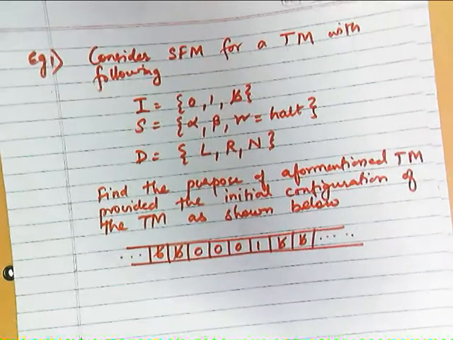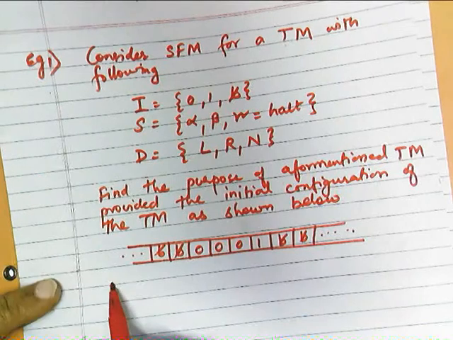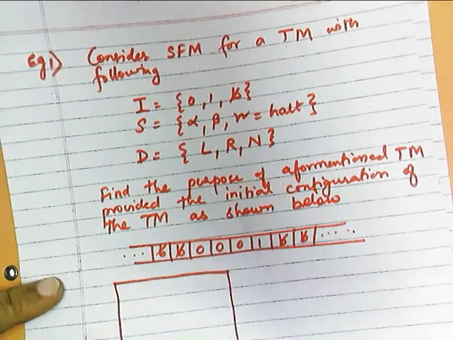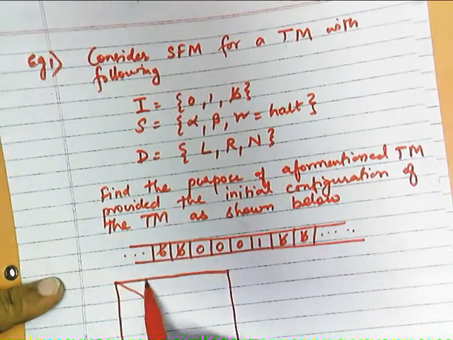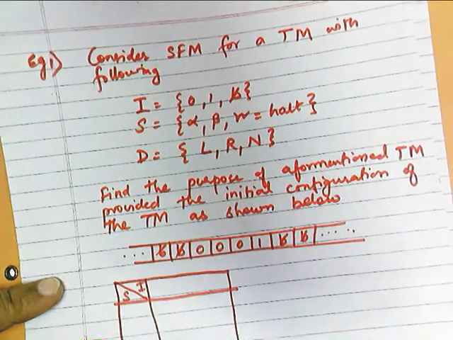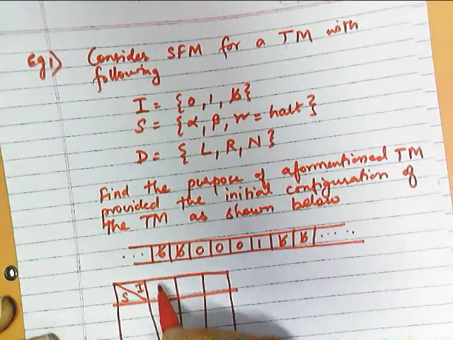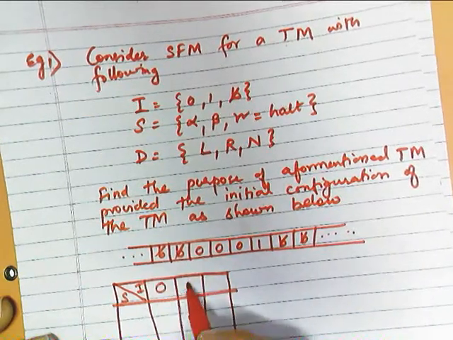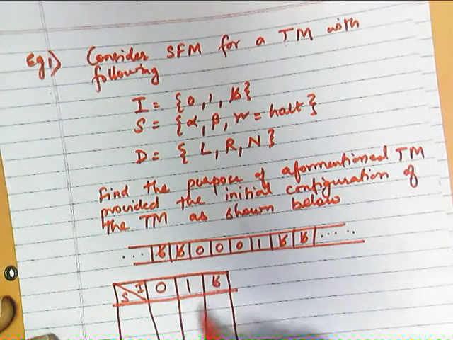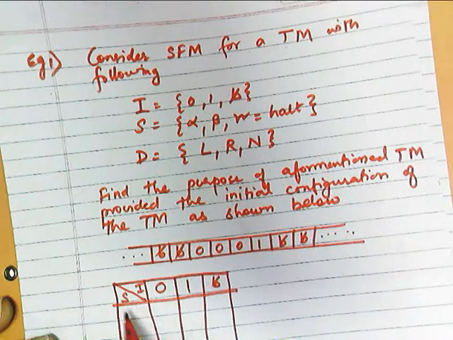Okay. Now the SFM given is a functional matrix in which you have information about the states, the input and the transitions. The input symbols are 0, 1 and blank, that is, the allowable characters on the tape.